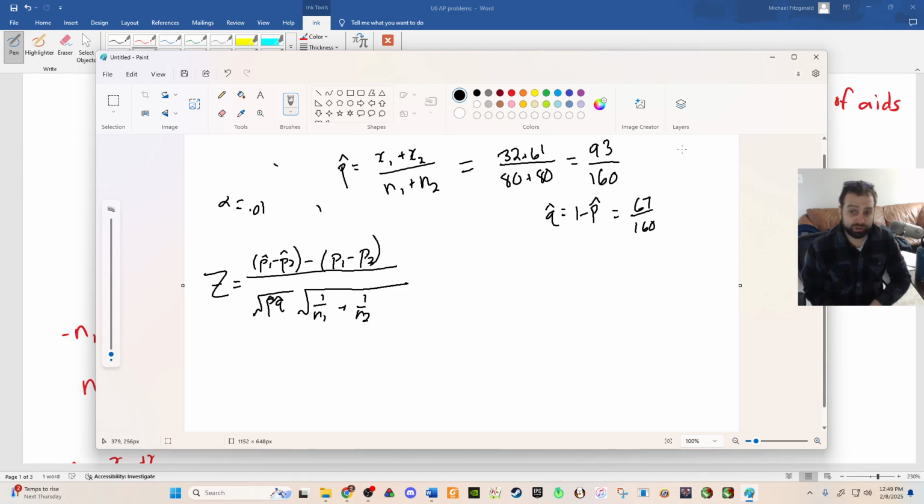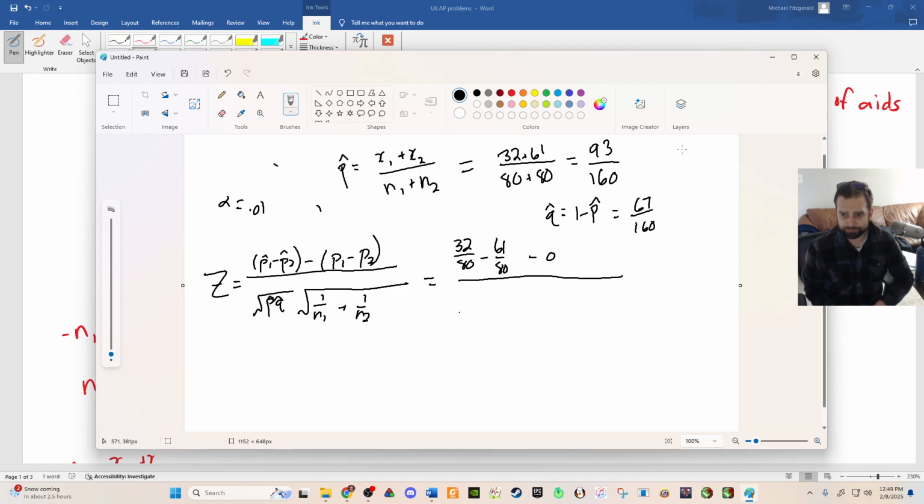This guy here is going to be 0. This is the null proportion. We have to have our difference of sample proportions here. So this will be our p hat 1, that's the AIDS proportion, 32 over 80, minus p hat 2, 61 over 80. The hypothesized difference is 0 because that's what the null says.